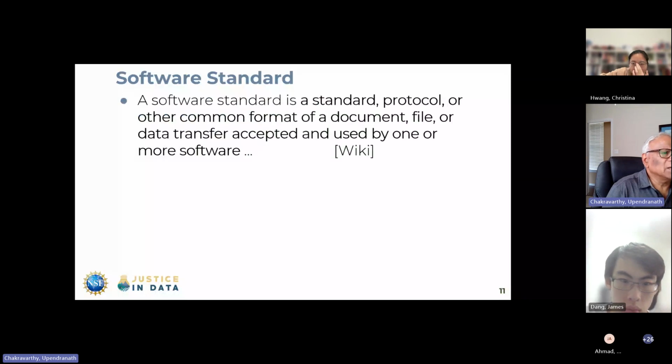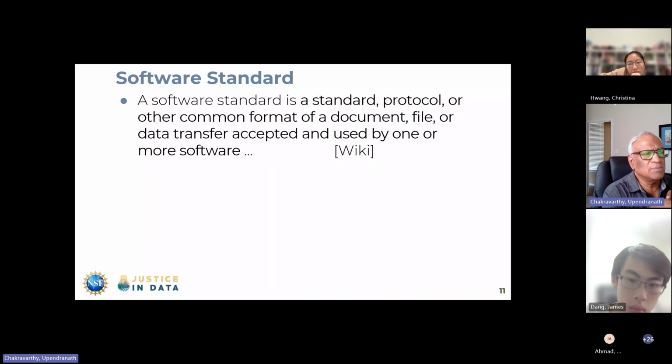So a software standard is a standard or a protocol or other common format of a document, file, or data transfer accepted and used by one or more software. I took this definition from it, so it makes sense. So if there are two applications and you want to send data from one application to another application, how does this application interpret this data?